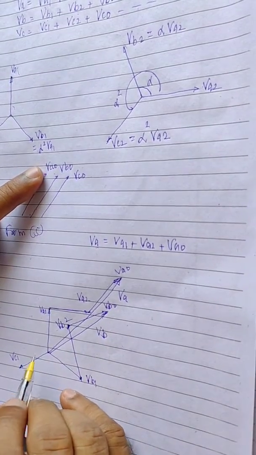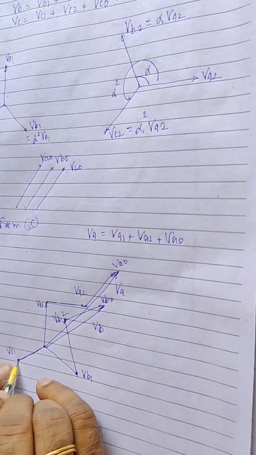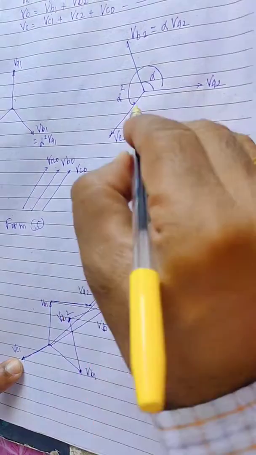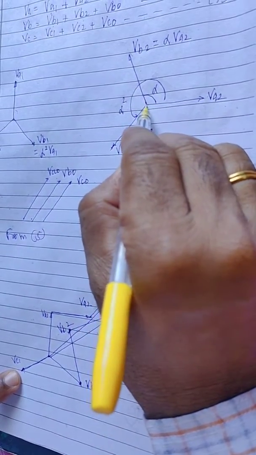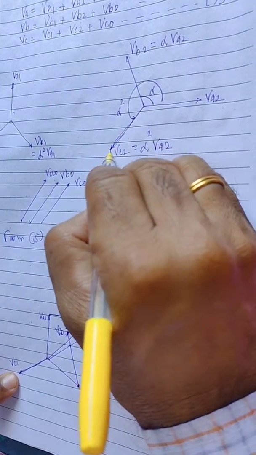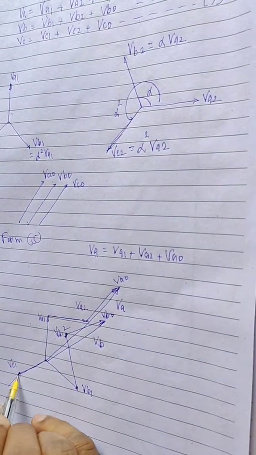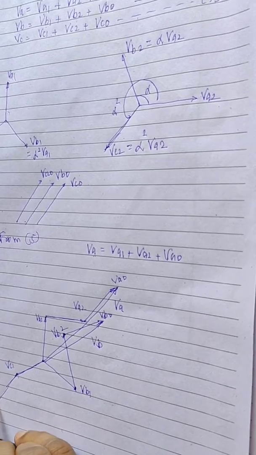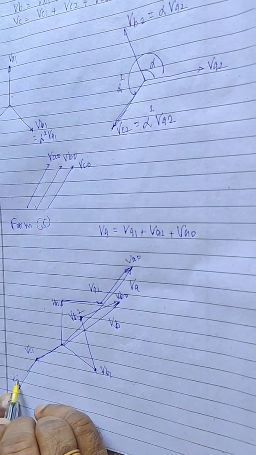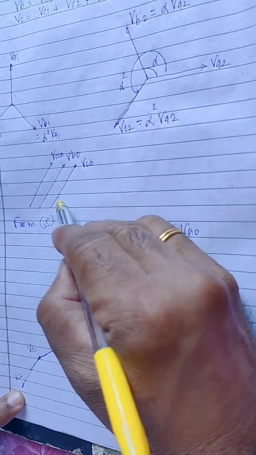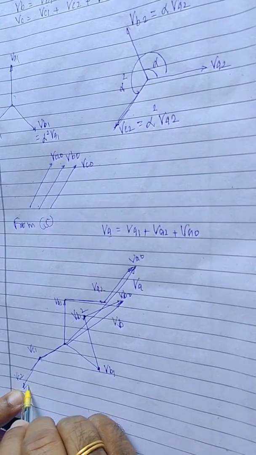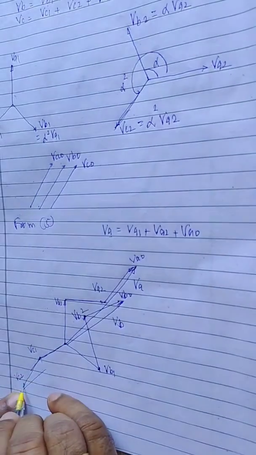Similarly, we have VC1, and from VC1, parallel to this vector, VC2 is plotted, and from VC2 a line parallel to VC0 is plotted.